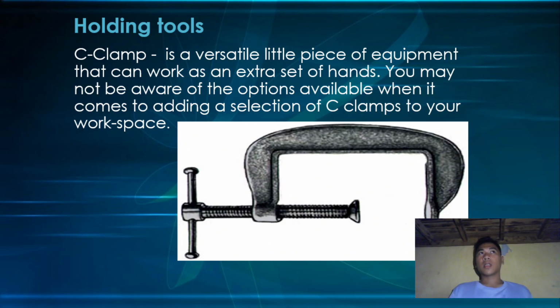A C-clamp is necessary to hold two pieces of object. It is necessary for metalwork to hold your object when you're cutting, welding, or combining objects.